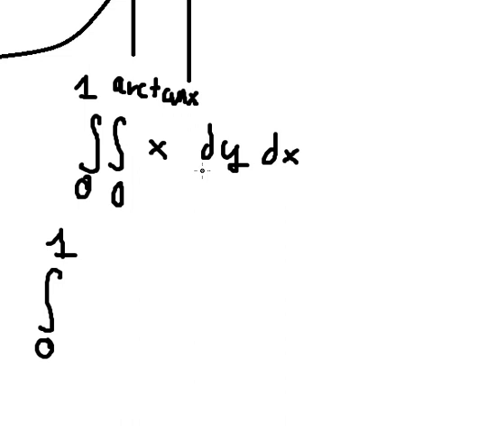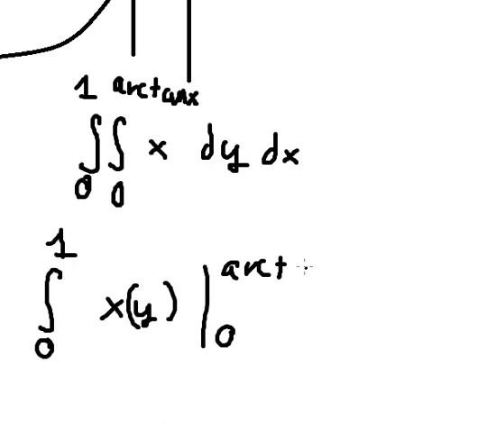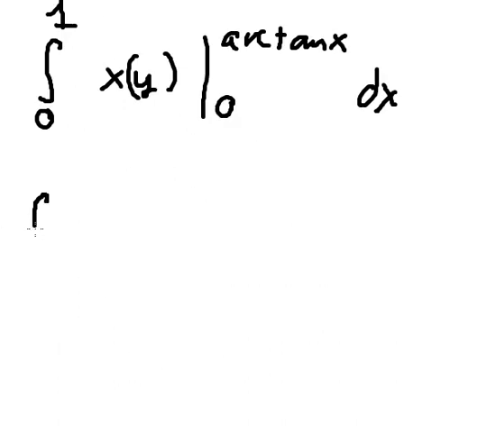The integration of dy is y. And we put the bounds from 0 to arctan of x. So I will put this one here, 0 here, and we have it like this.